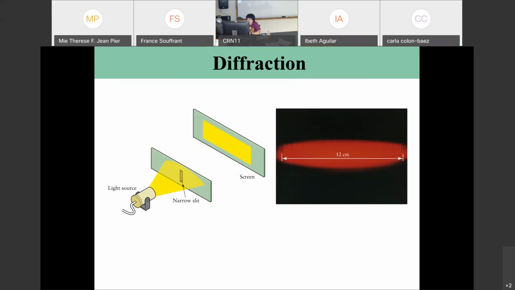So light doesn't spread out after passing through a window nearly as much as sound does, but diffraction can be observed through very narrow slits. That has to do with the wavelength. The wavelength of visible light is very small in comparison with the wavelengths of sound.